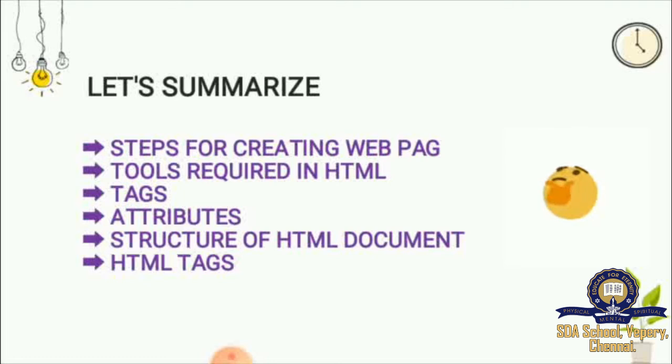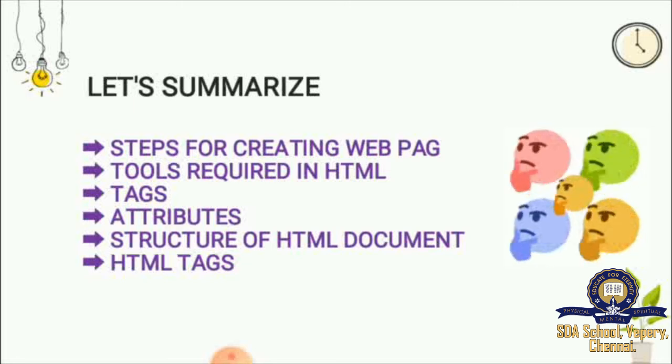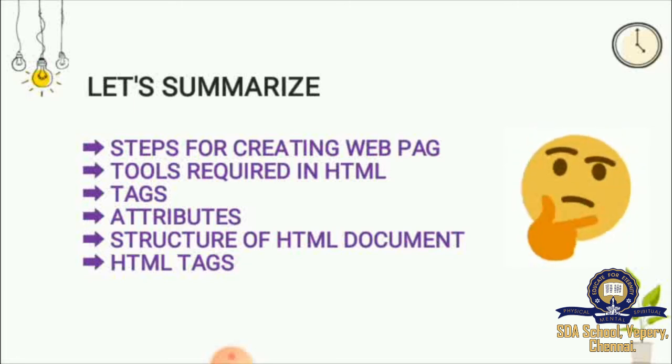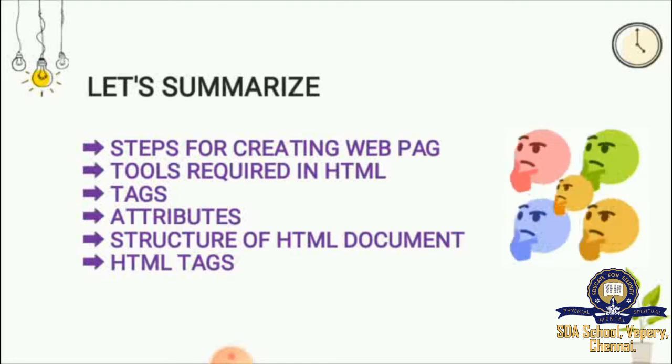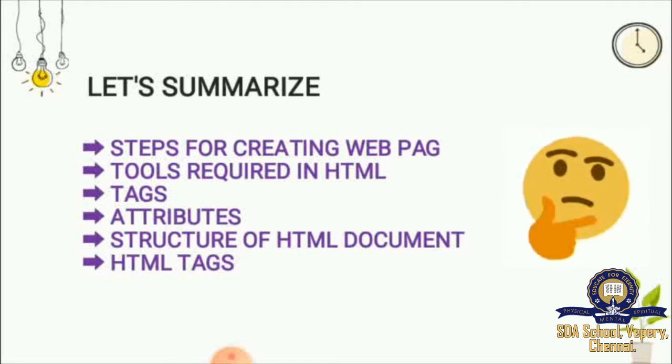Next, we learnt about tools required in HTML. What are the tools required in HTML? Text editor, web server, and web browser. To write an HTML document code, we need a text editor or a word processor.